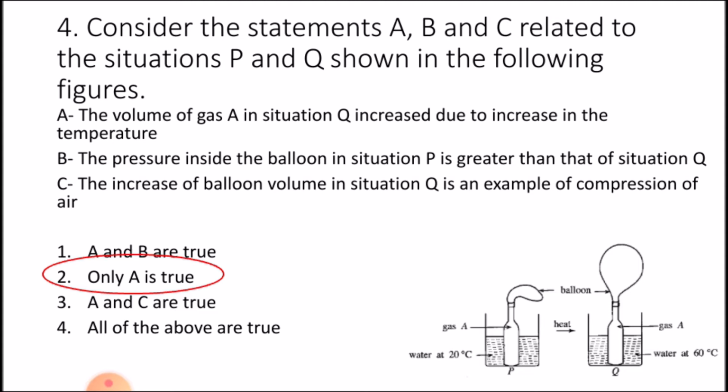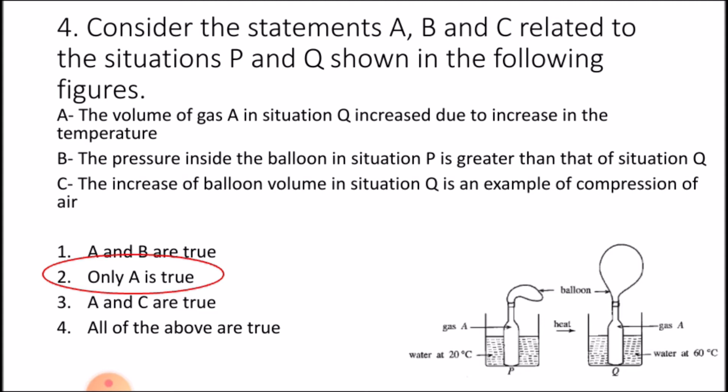Second one, B. The pressure inside the balloon in situation P is greater than that of Q. It is obvious from the image given. You can identify that it has a lower pressure, because there's a direct relationship between temperature and pressure. An increase in temperature increases the pressure of air.